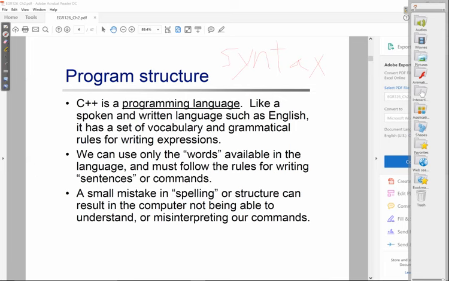Okay. The other type of error is what we call a logic error, right? And the logic error is very different, and it's actually much tougher to deal with than a syntax error. So a logic error, right, basically results in a program that still runs. Okay? There are no syntax errors.